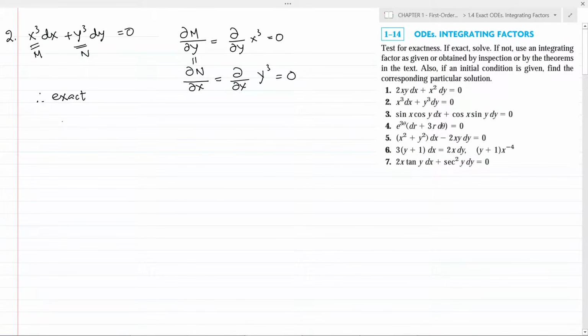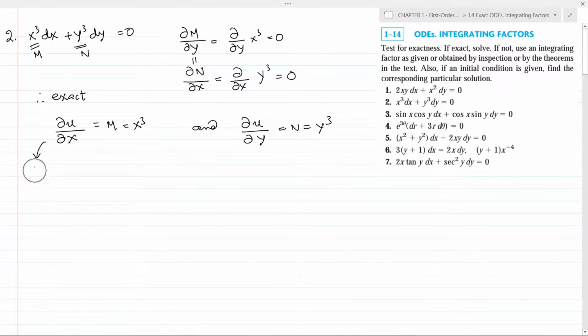Now we have to find a u such that del u by del x equal to this first term M, which is equal to x cube, and for the same u, del u by del y equal to N, which is equal to y cube.